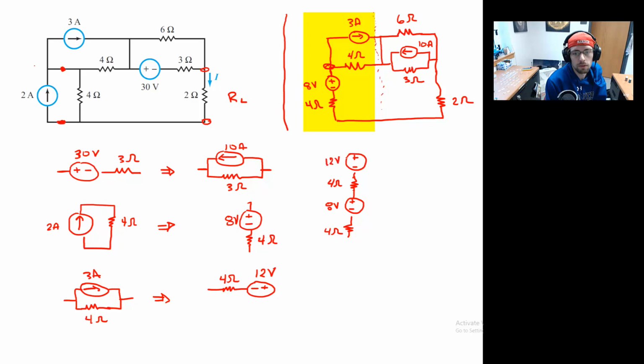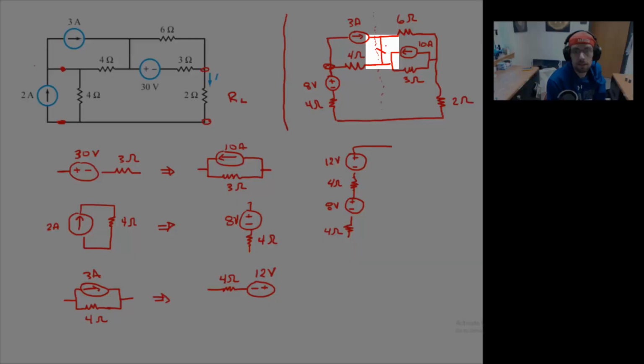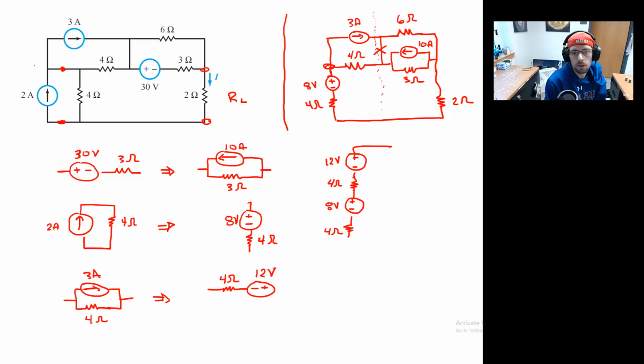There's 12 volts. Now I need to make sure that that electrical connection stays the same, so I have to connect at this node. So there's where I connect. This side still runs back to that 2 ohm resistor.